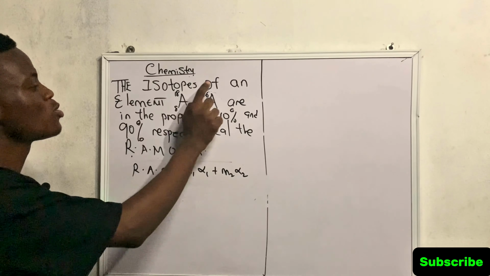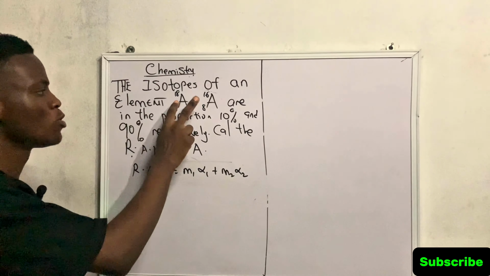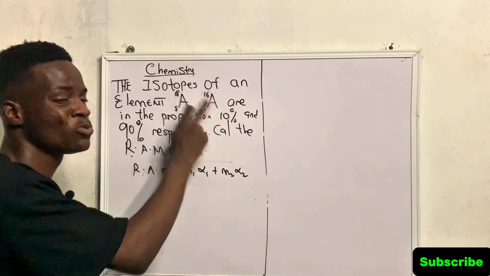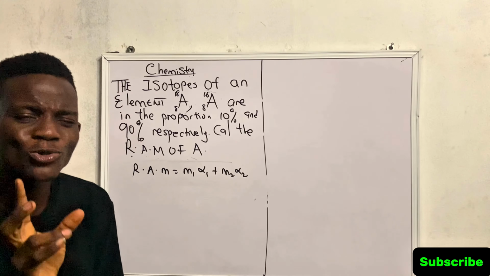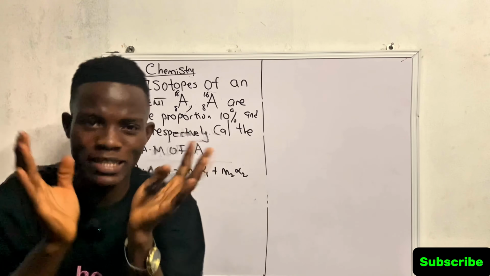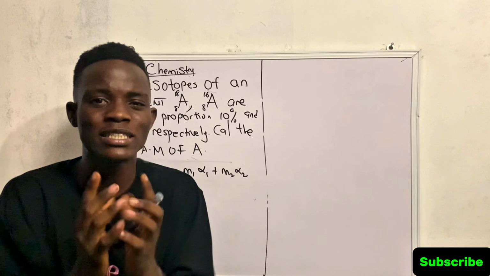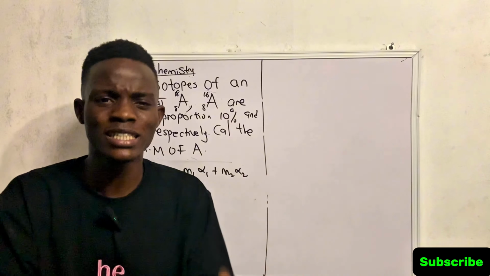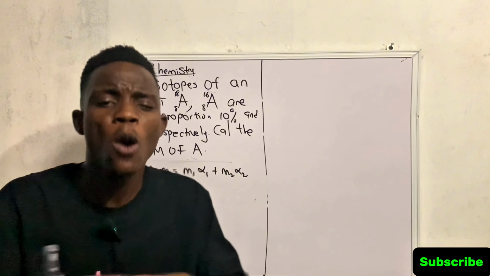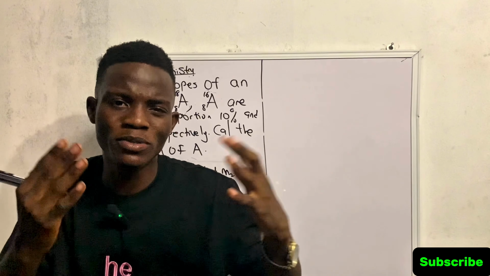The isotopes of an element. We're given two isotopes here, isotope 1 and isotope 2. Now, what is an isotope? Elements can be A, B, or C, but isotopes are elements that have the same atomic number but different masses.